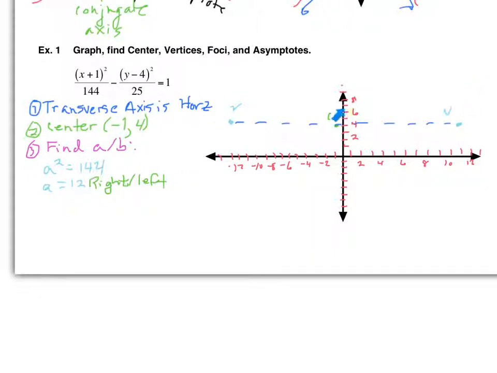But we now need to go find out how high, because this is the width of a rectangle. We have to be able to go high enough. And so let's find B. So B squared is equal to 25, so B is equal to 5. And so B will be going up, down, because it's underneath my Y. So that is an up-down direction.